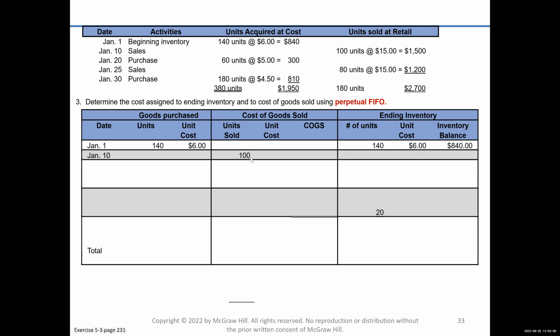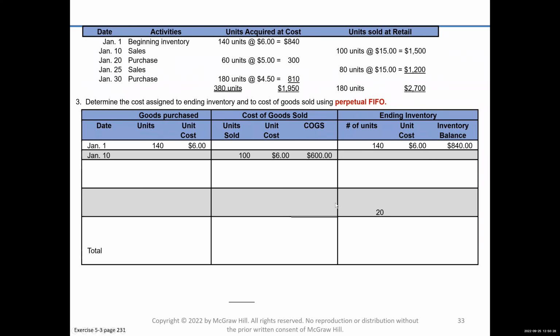Now, what did we sell? If we look at ending inventory, we only have one layer to choose from. You know that 100 units had to come from this layer at $6. So we know that the unit cost is going to be $6. So our cost of goods sold will be 600.